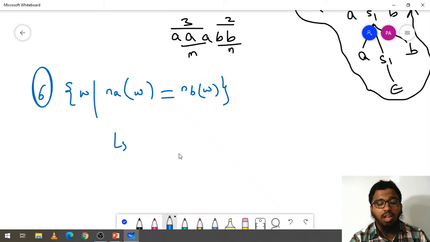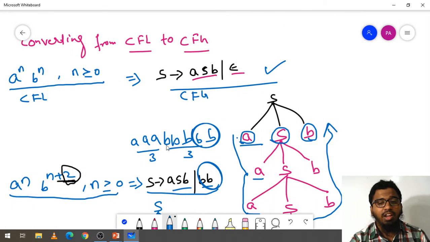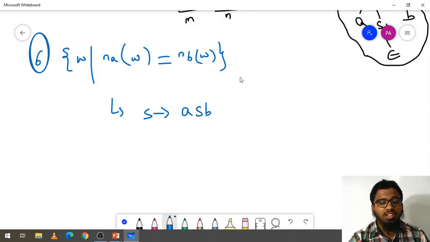So let's just check it out. First, S. We know a S b is for an equal number of a's as well as b's, like we just did here. a S b means we will get an equal number of a's and b's. In the same way, but going by this equation, maybe a should be first or b should be first, so you can write b S a.